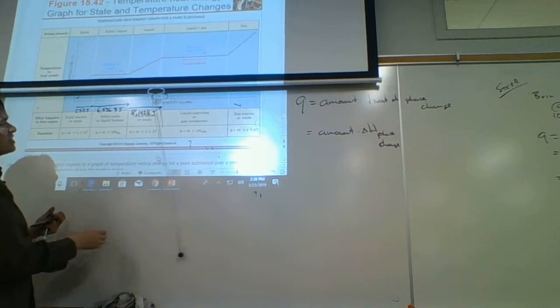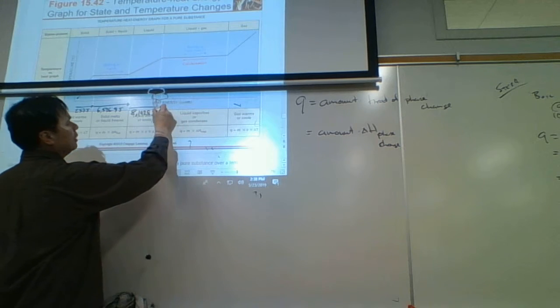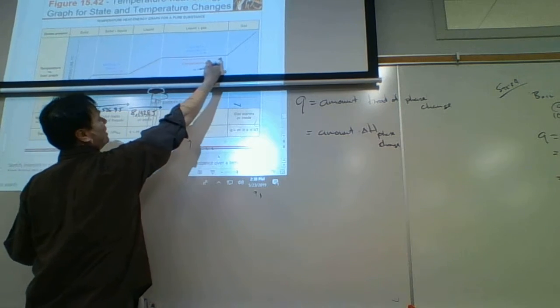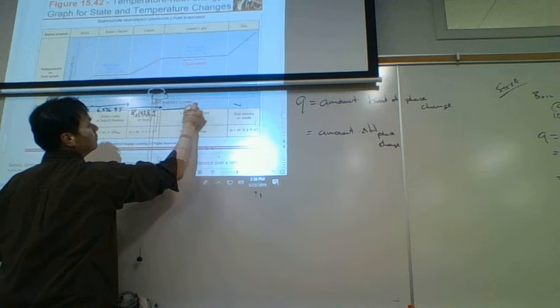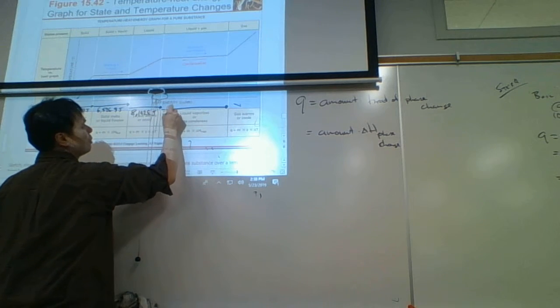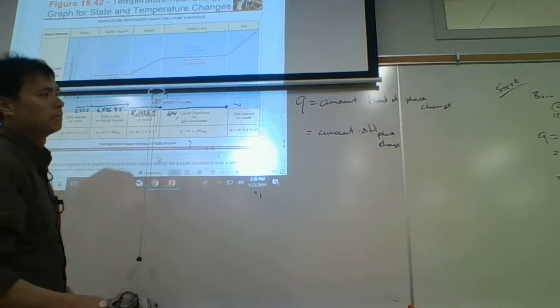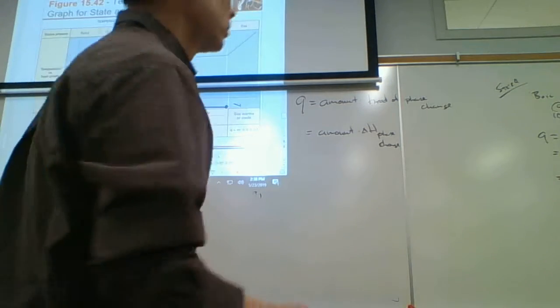So this step is going to take a lot of energy. To go from here to here, we're going to boil all the water. And that's going to take 44,296 joules.